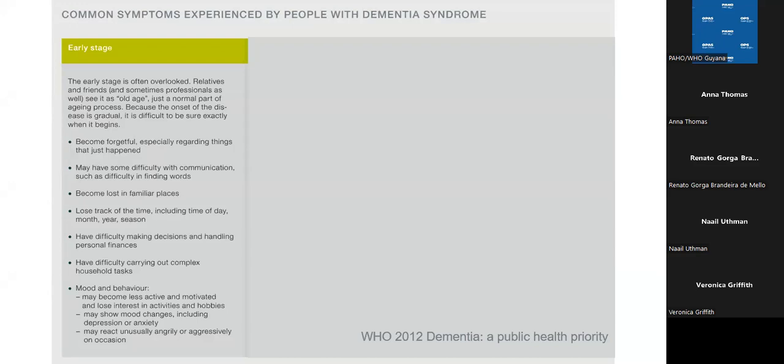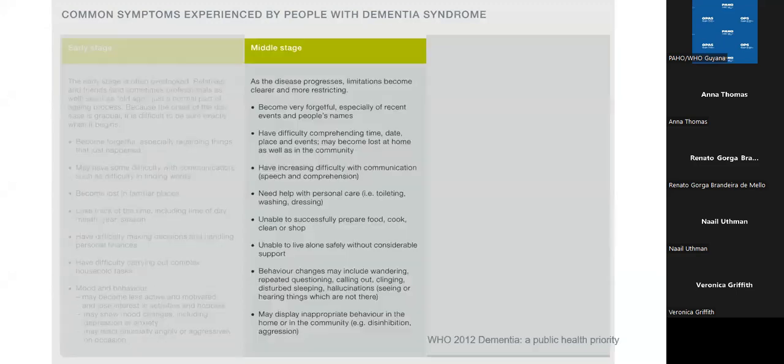Patients become lost in familiar places, lose track of time, have difficulty making decisions and handling personal finances, have difficulty carrying out complex household tasks, and may present mood and behavior changes, may become less active and motivated, may show mood changes, including depression or anxiety, may react unusually, angrily, or aggressively on occasion.